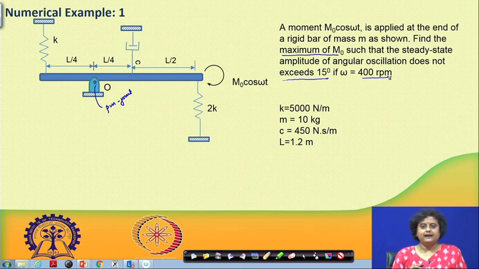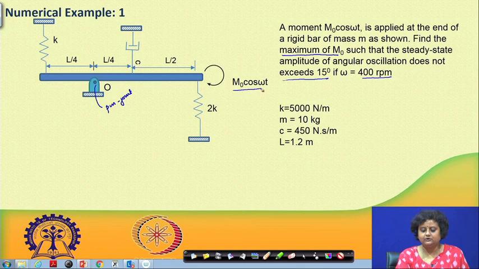Let me re-explain the problem statement once more. An externally applied moment M0 cos omega t is applied to the rigid bar.